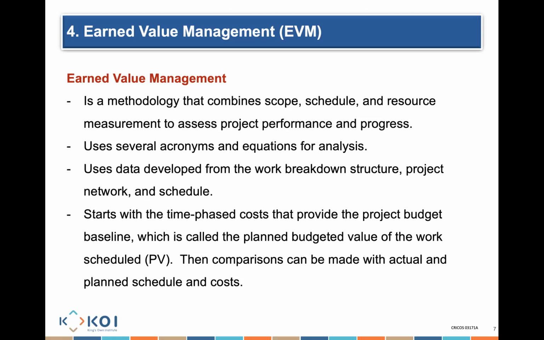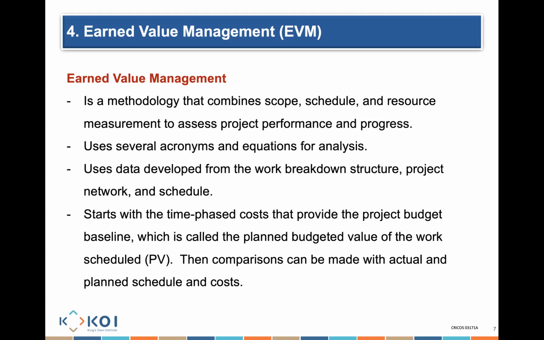So we start with what is known as a time-phased cost, and that provides what we call a project baseline. So on day one, I was planned to spend $1,000 worth of work. On day two, I was supposed to spend $3,000. Okay, great. So if I add day one and day two, that's $3,000. That's what we call the accumulated costing that needs to be completed at any particular point in time.